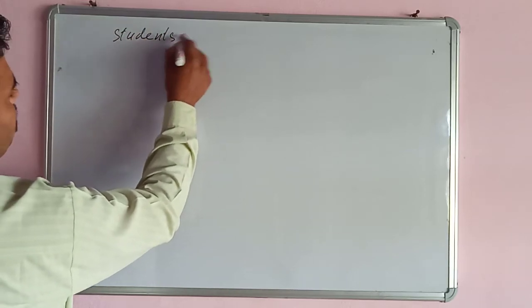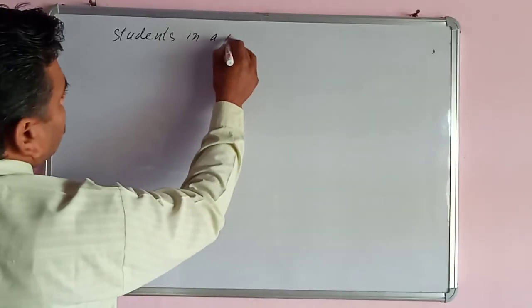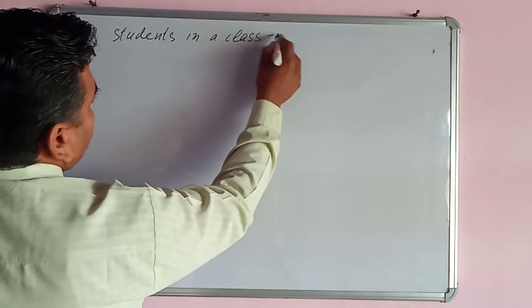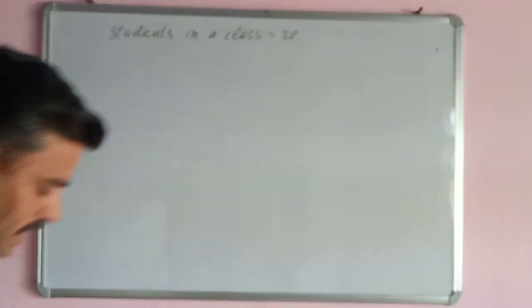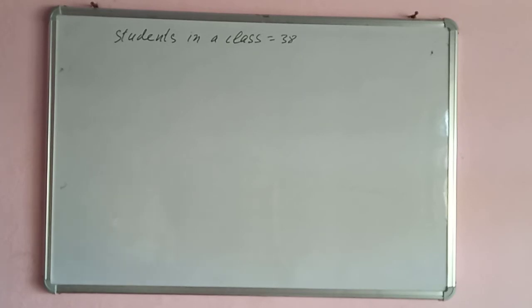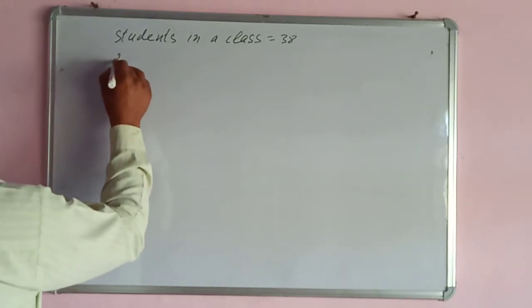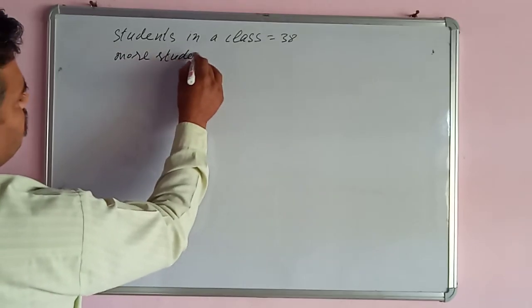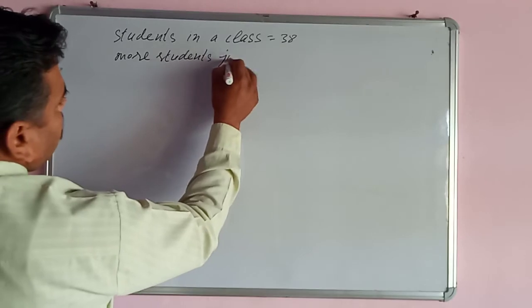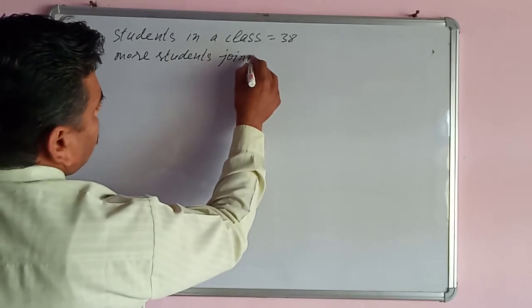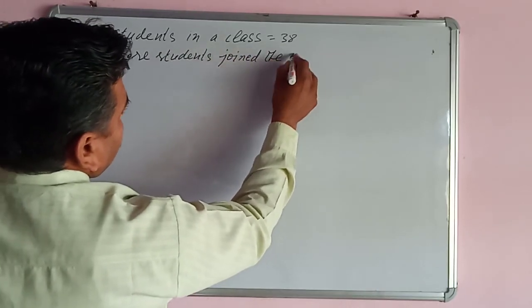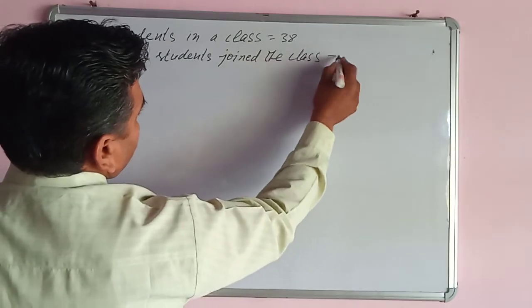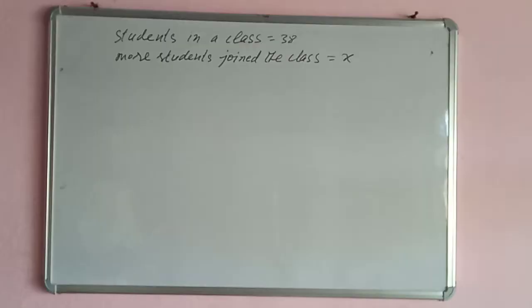So students in a class are equal to 38. Next, if x more students join the class, that is x.